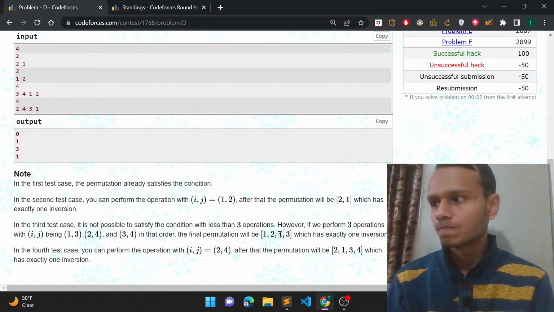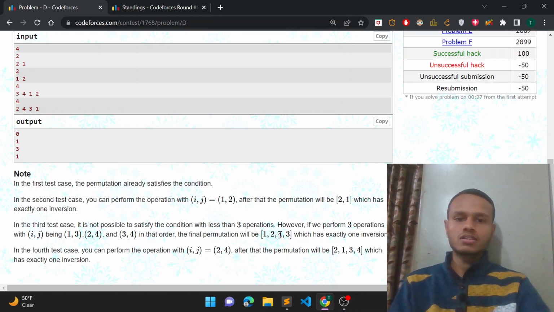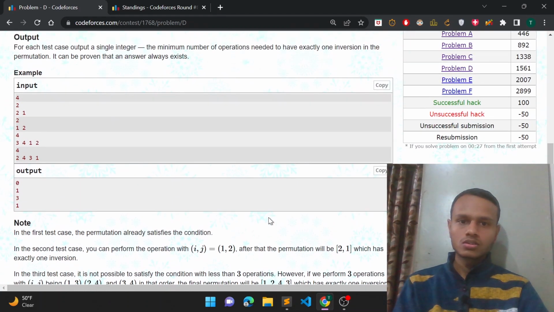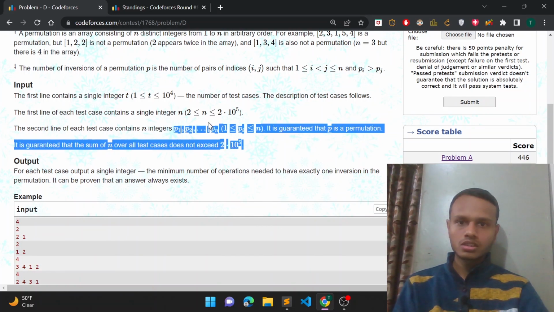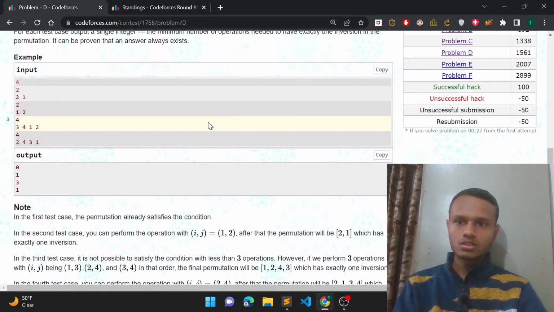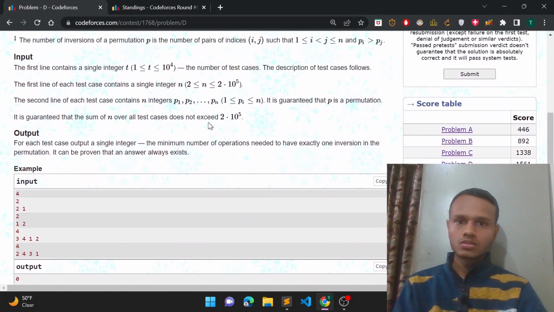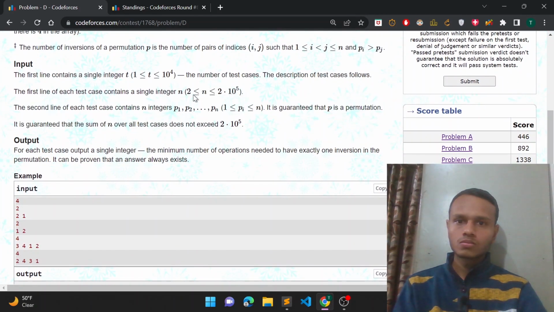Right. Can we check for all such possibilities in linear time? I don't think so. Or like n log n time.